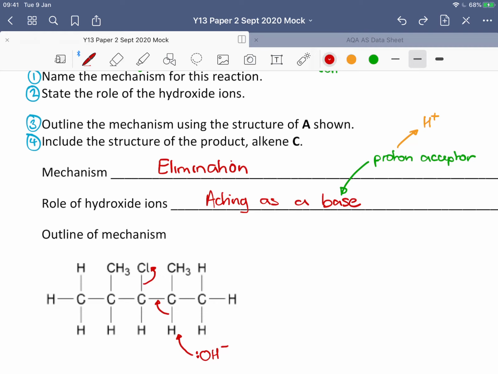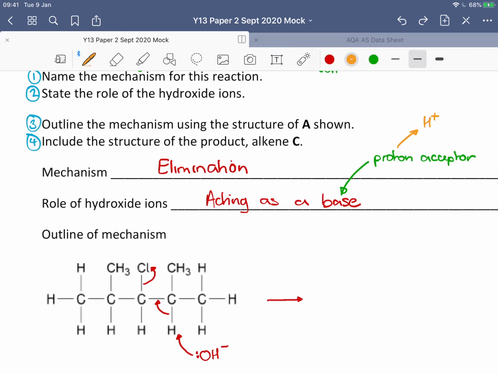So product. Okay, so we have to draw the product. If you think carefully about it, the double bond is going to be forming here because a pair of electrons is moving between those two carbons, and we've lost a hydrogen off the right-hand carbon, and we've lost chlorine off the left-hand carbon.